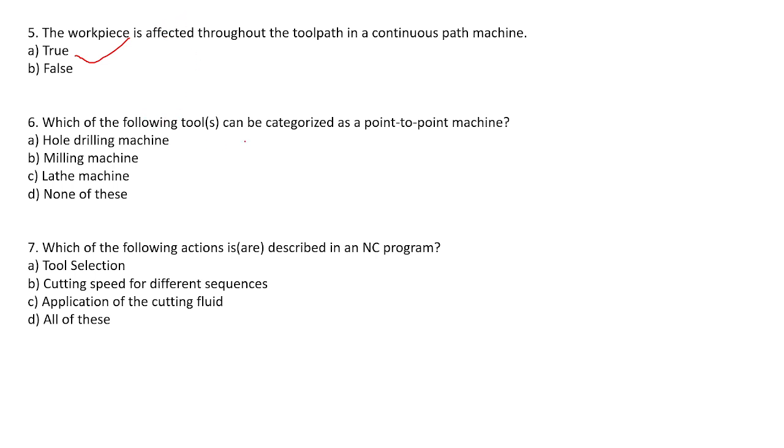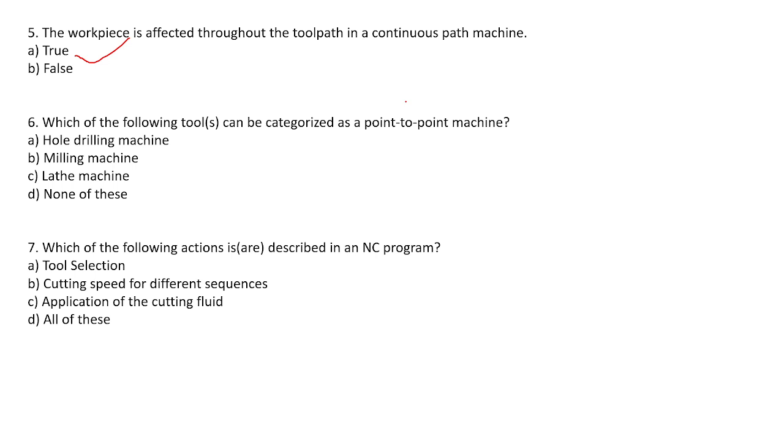So, which of the following tools can be categorized as a point-to-point machine? We have recently seen the example of a drilling machine, right? In a hole drilling machine, the drill bit moves from one point to another to create a hole in the workpiece.